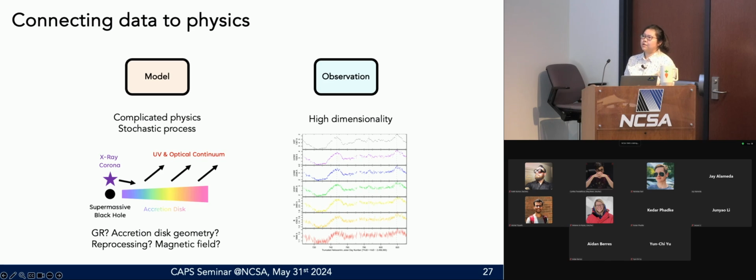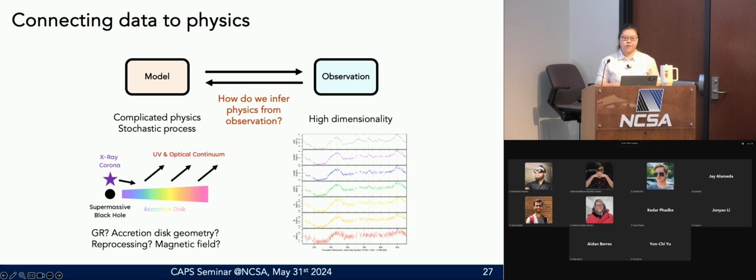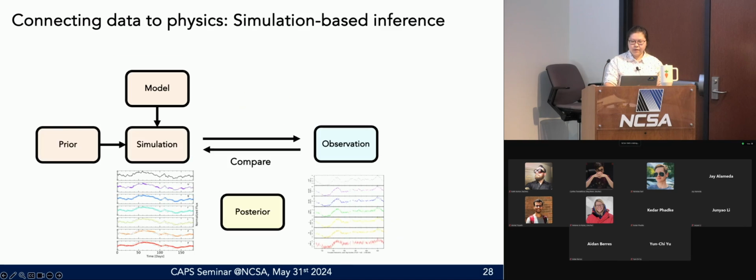We have to consider things like accretion disk geometry, general relativity, reprocessing physics, and then maybe also magnetic fields. And then on the data side, we have this high-dimensional light curve that doesn't really directly tell us about the accretion disk itself. So how do we infer physics from observation?